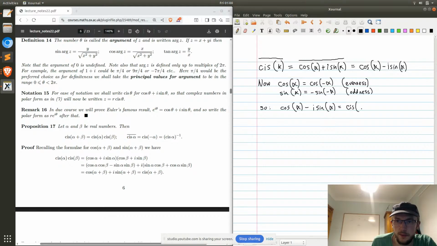Cis of negative alpha, isn't it? That's true. But also, it's equal to the reciprocal of cis alpha.